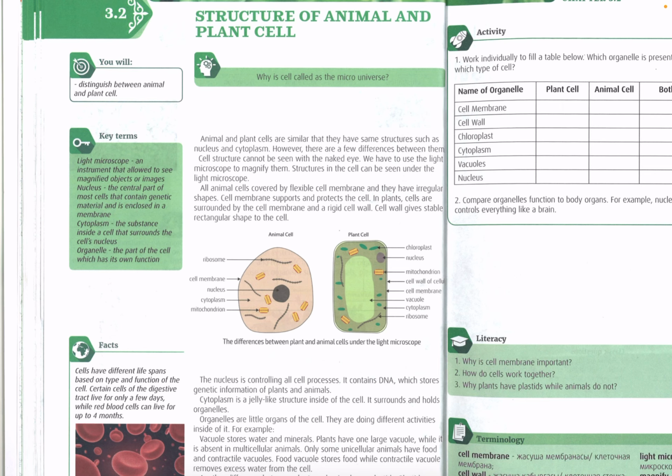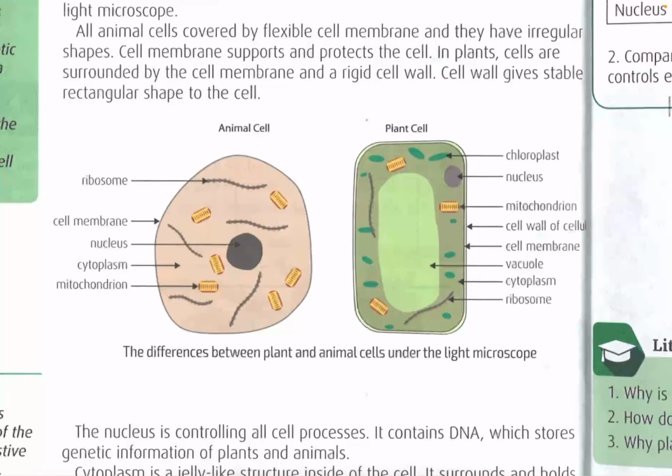Now, guys, you can see two types of cells. First is called animal, second plant cell, соответственно. Plant cell has some distinctive features which cannot be found in the animal. First of all, it is chloroplast. It is necessary for the photosynthesis. The second word is cell wall.